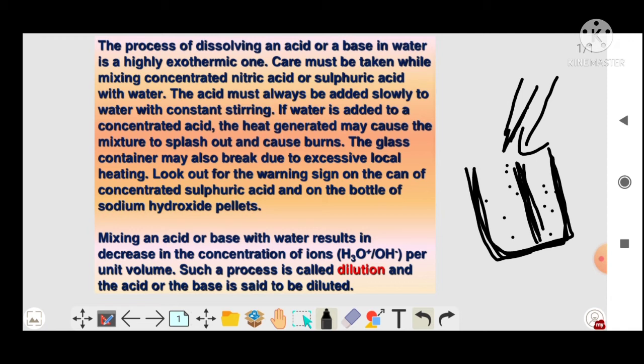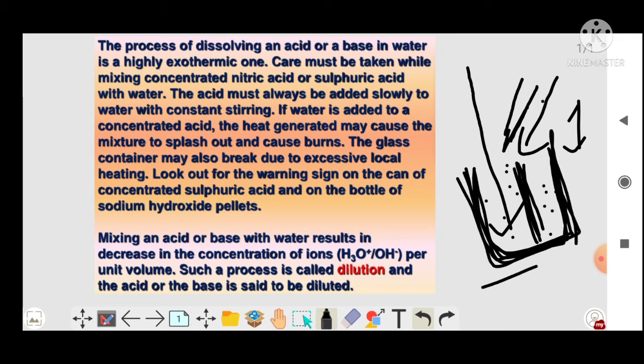Okay. If the opposite is performed, and water is added to a concentrated acid solution, what happens? As this process is exothermic, the heat generated may cause the mixture to splash out and cause burns, and the glass containers break due to the excessive local heating.